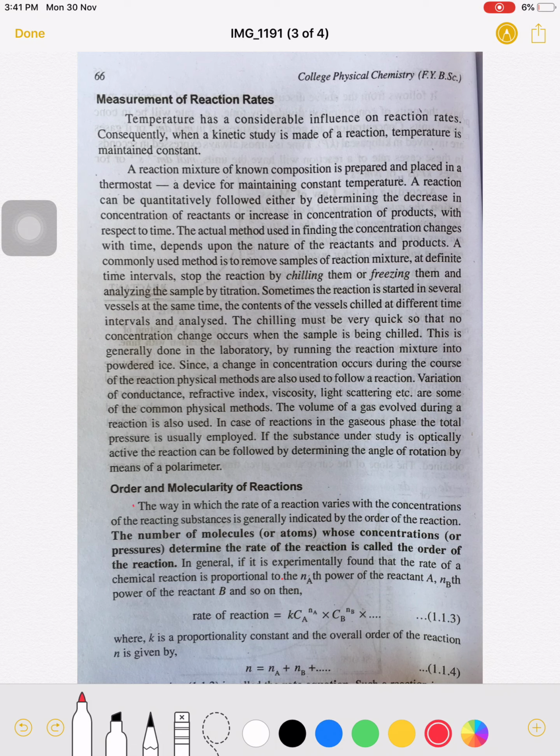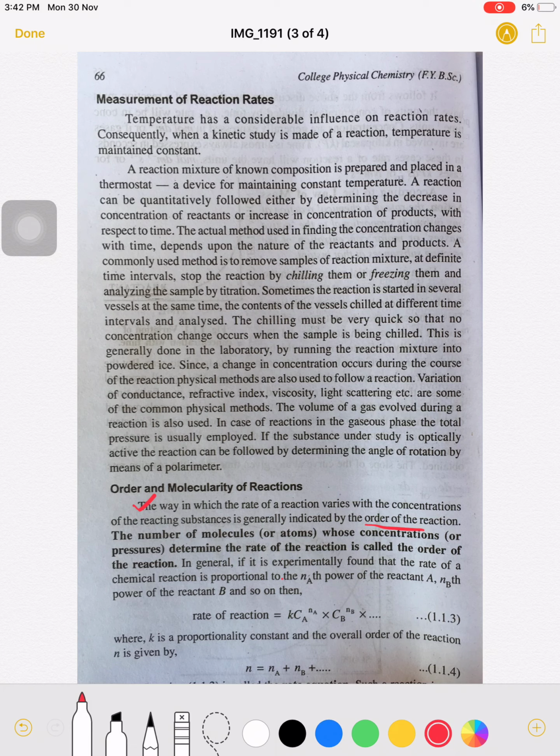The way in which the rate of reaction varies with the concentration of the reacting substance is generally indicated by order of reaction. Now see here, what is meant by order of reaction? Why is it used? The way in which the rate of reaction varies with the concentration of the reacting substance is generally indicated by the order of reaction.